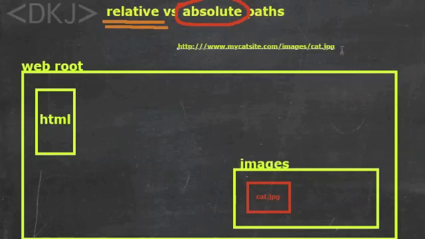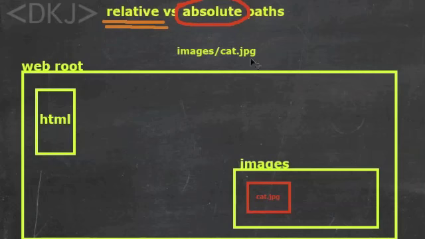Are you ready? Bingo. This is your relative path. It doesn't matter what domain you're on. The domain you're on is irrelevant. All that matters here is that you follow the right path to the cat.jpg image relative to the location of the HTML file.